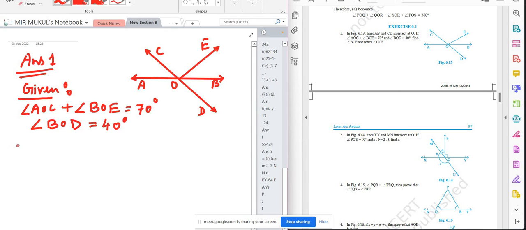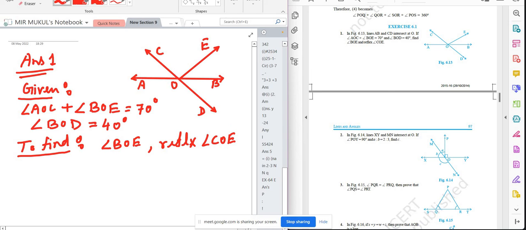Okay, now to find, what we have to find. So to find: one, we have to find BOE and reflex angle COE.